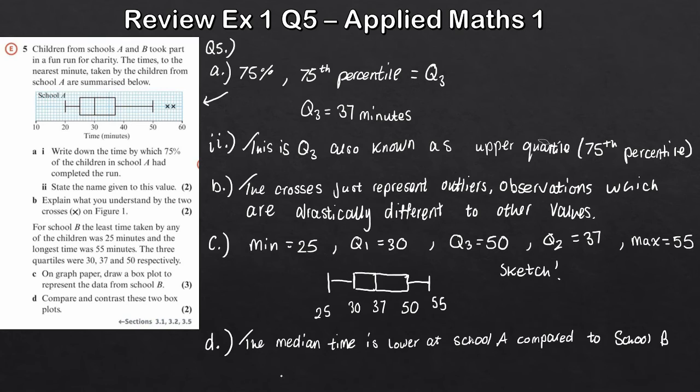Okay. And then if we look at the range in the interquartile range, well, if you work out the interquartile range for school B, that's just going to be 50 minus 30, so that's going to be 20.